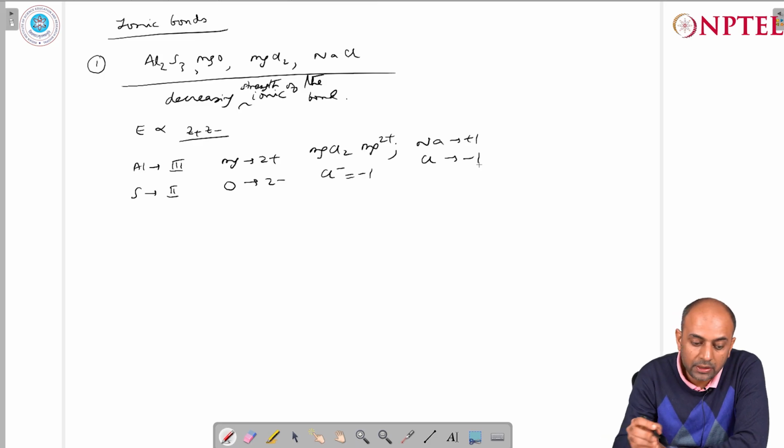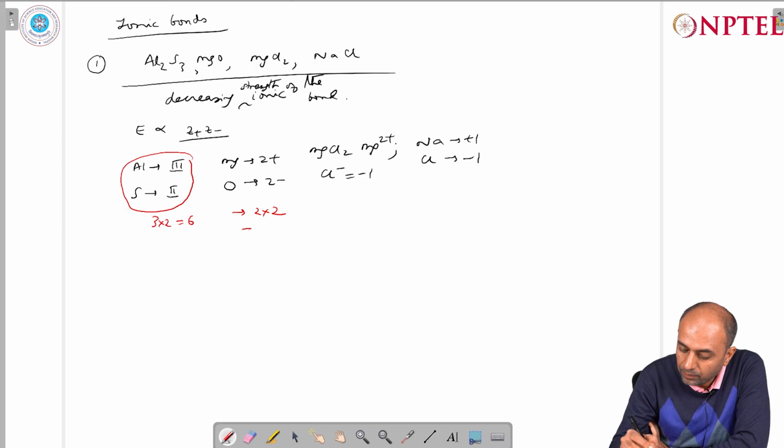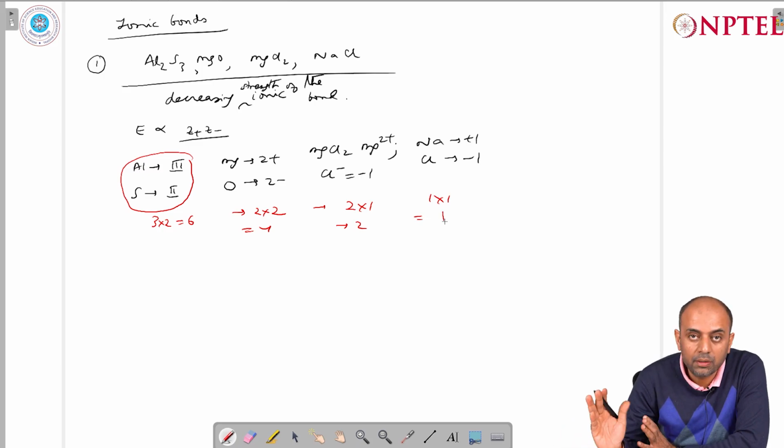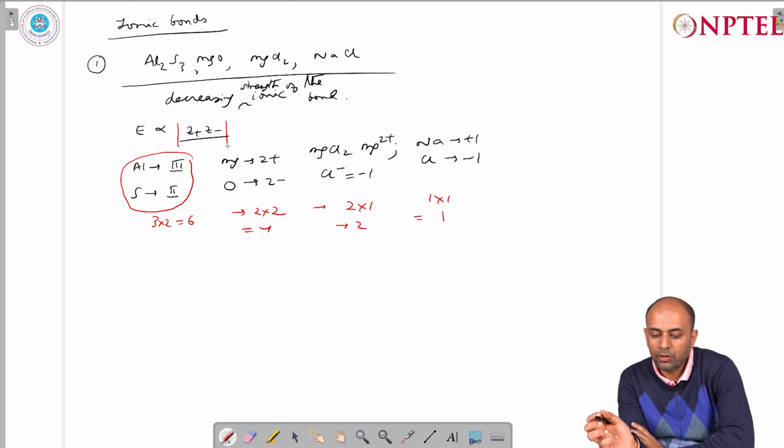So right away you can see that here the product of the charges is highest, 3 into 2, that is 6. Here it is 2 into 2, 4. Here it is 2 into 1, 2, and here it is 1 into 1, it is 1. We are taking only the magnitude of the product of the charges.